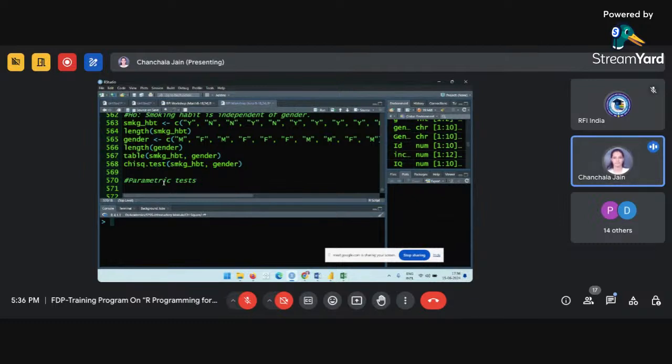If I say parametric test, generally this comes under inferential statistics. I have explained the meaning of inferential statistics: whenever we are interested in confirming the population parameters using the sample statistics, we are talking about inferential statistics.